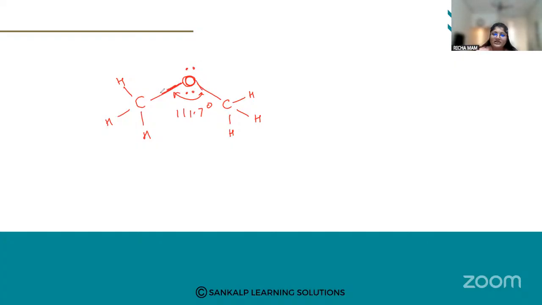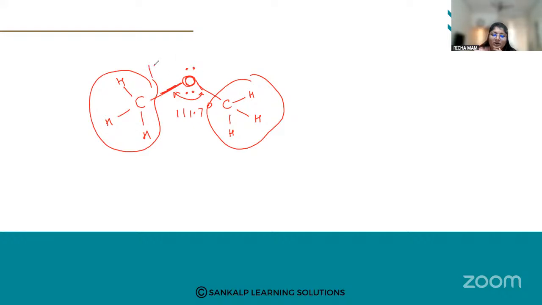These are arranged tetrahedrally. Due to the presence of the two bulkier groups, the bond angle is increasing to 111.7 degrees.